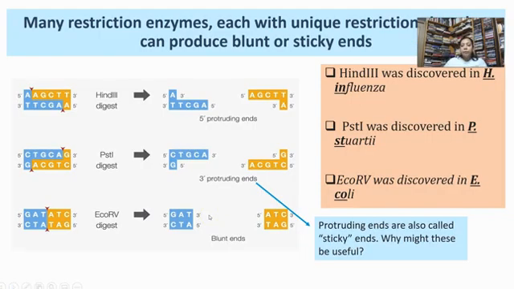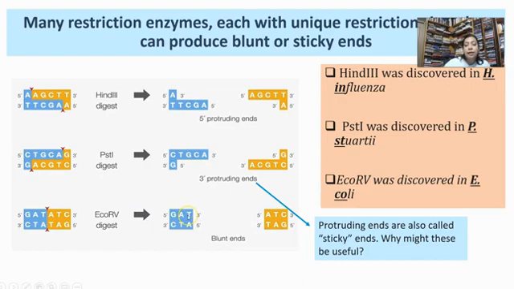So before we go further, if we had a DNA molecule that was cut with an enzyme like EcoRV that creates blunt ends, if you try to combine it back together, there was no guarantee that you would get the correct orientation in the final molecule.